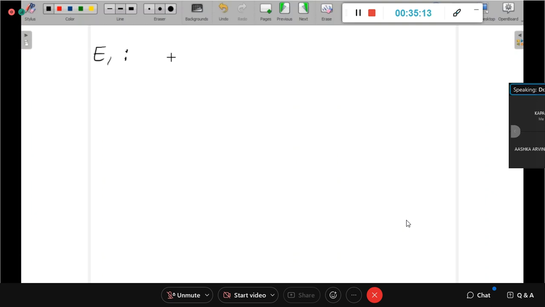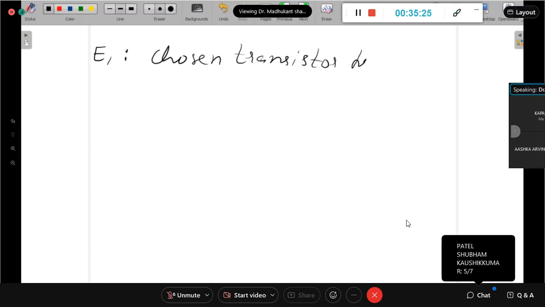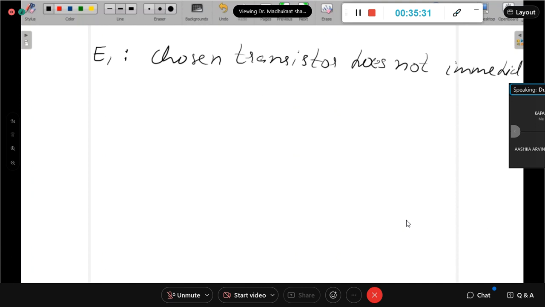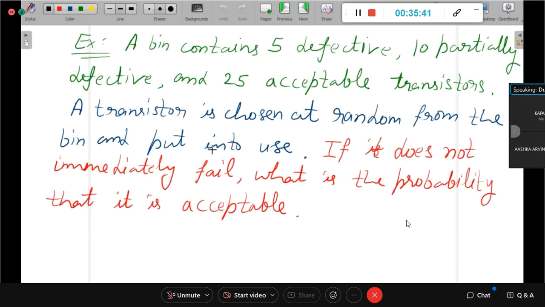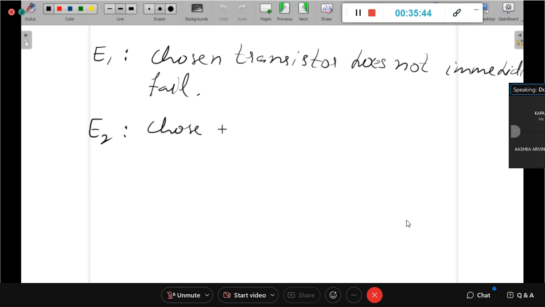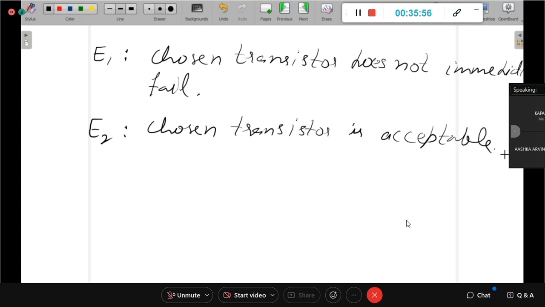Let's take E1 as the event that the chosen transistor does not immediately fail, and E2 as the event that it is acceptable. So the chosen transistor is acceptable.